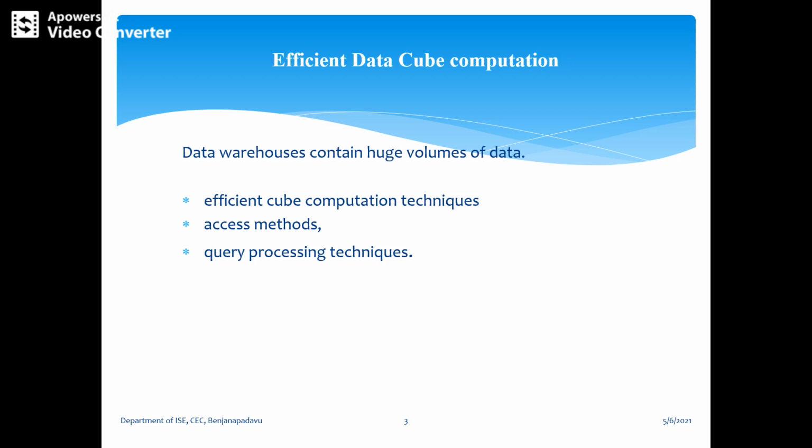We are going to discuss methods of efficient implementation of a data warehouse system, which explores how to compute data cubes efficiently, how OLAP data can be indexed using either bitmap or join indexes, and how OLAP queries are processed.